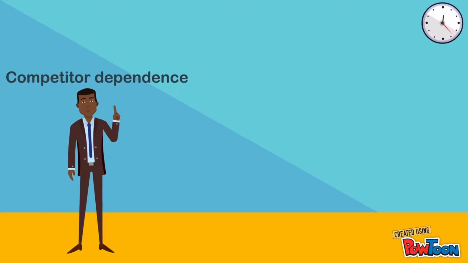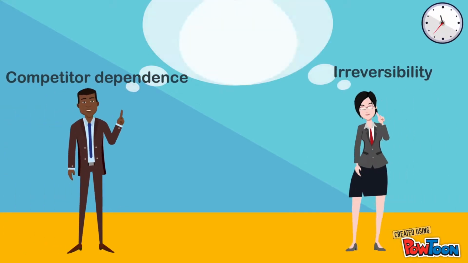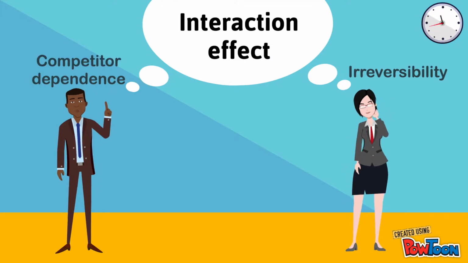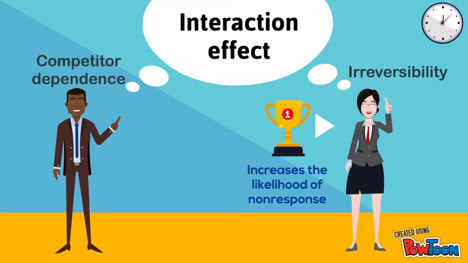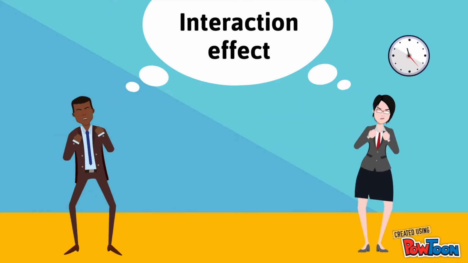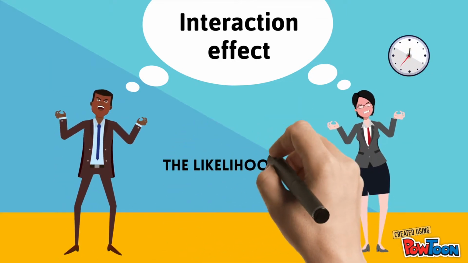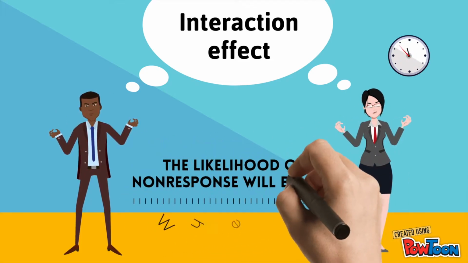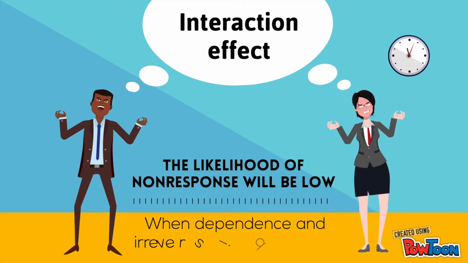In addition to main effects, competitor dependence and irreversibility may generate an interaction effect. Although the irreversibility of a competitive move generally increases the likelihood of non-response, the likelihood of non-response will be low when dependence and irreversibility are both high.